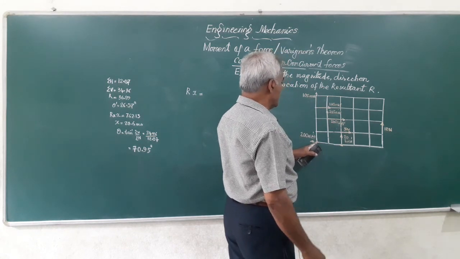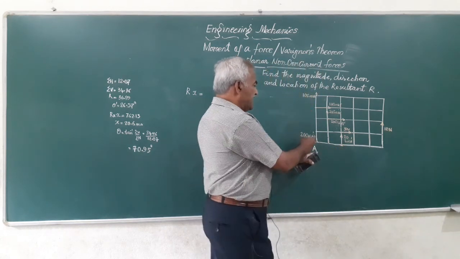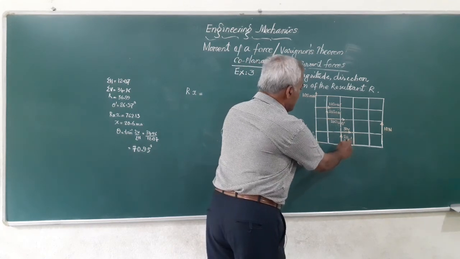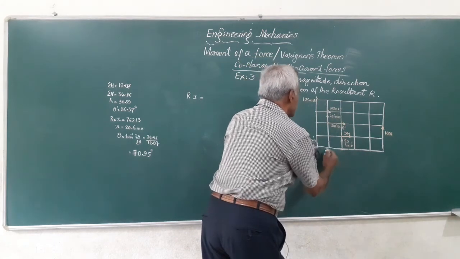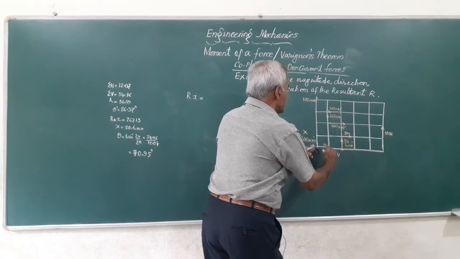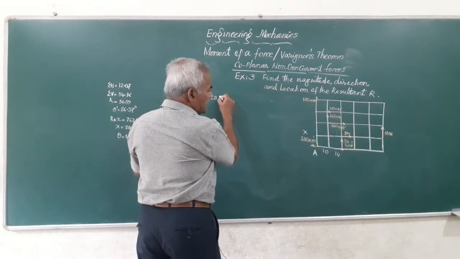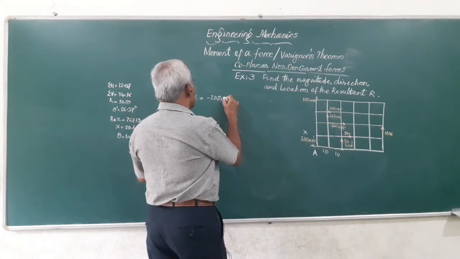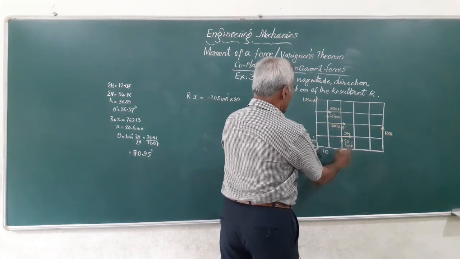Let us see what happens now. There is 20 cos theta dash passing through this point A. This does not give any moment, whereas 20 sin theta dash about A gives an anti-clockwise moment of magnitude 20 sin theta dash into 20. So, it is minus 20 sin theta dash into 20, that is the distance, millimeter, is this one.